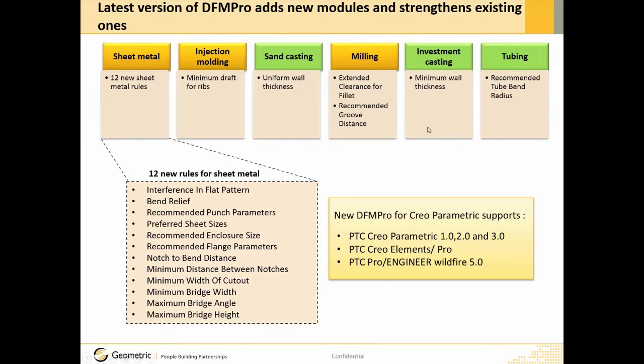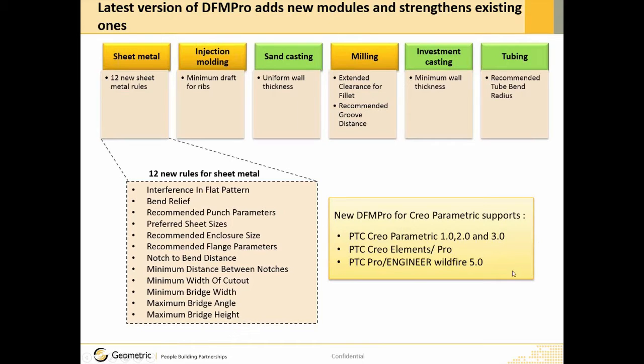Followed by that, we have a module for investment casting, and also a new module related to the process called tubing. So these are some of the modules which we have now added to DFM Pro version 4.0 for Creo Parametric. And again, we have also added support for the latest version of Creo Parametric, that is version 3.0.